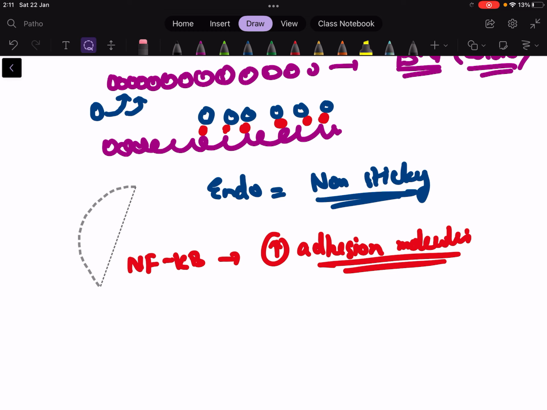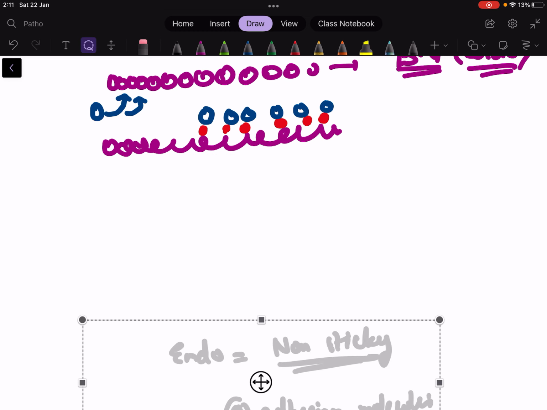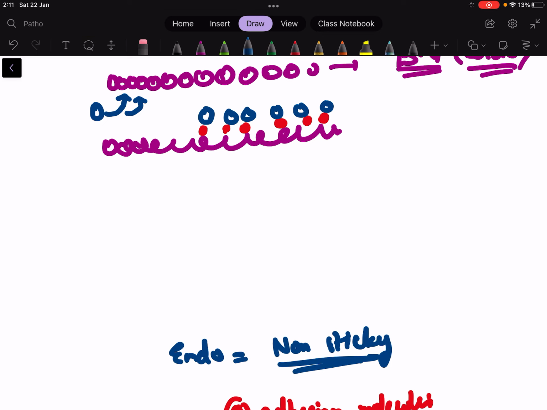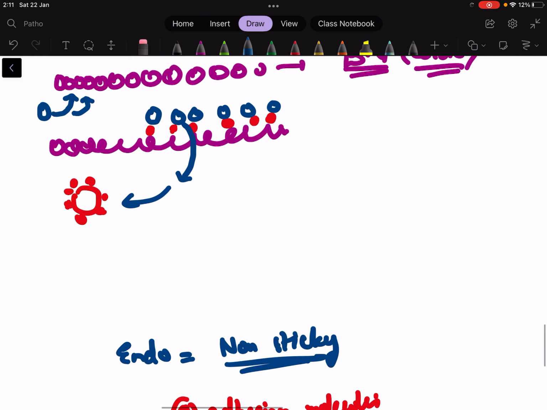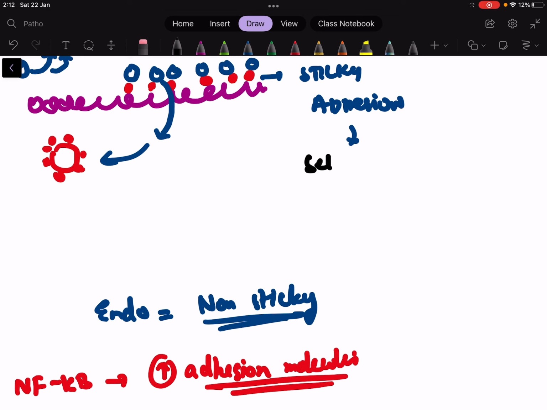Once they stick to the endothelium, the neutrophils can travel to the site of infection. So here is the bacteria. Now these sticky molecules, or adhesion molecules, are nothing but your selectins or integrins.